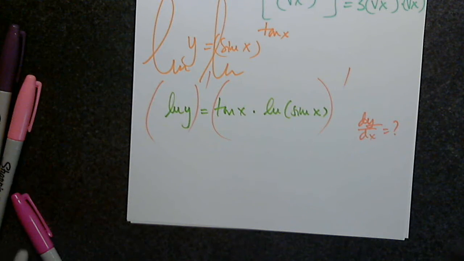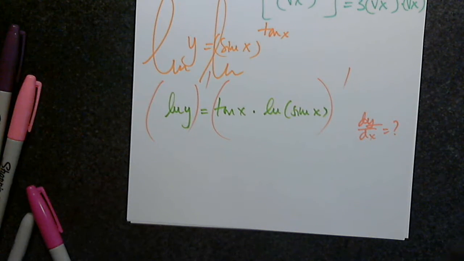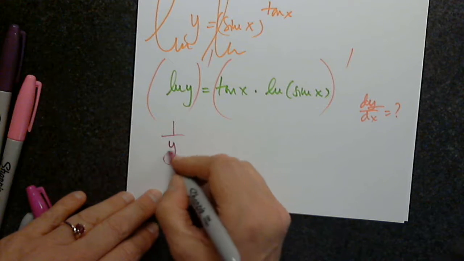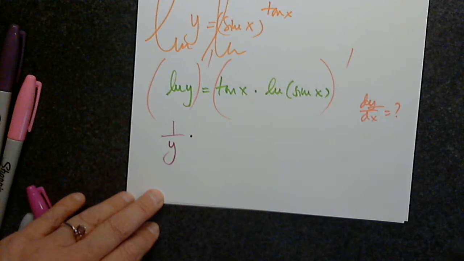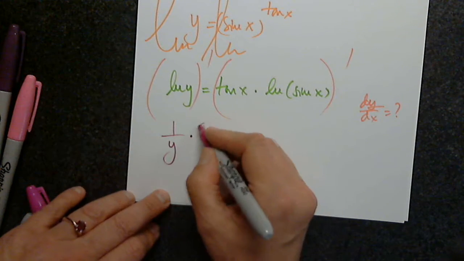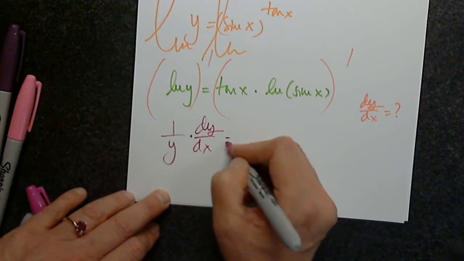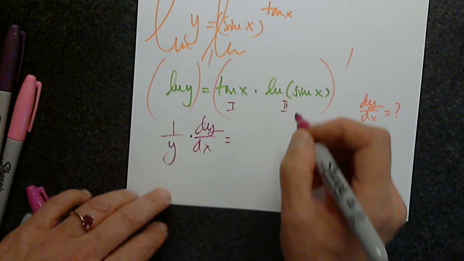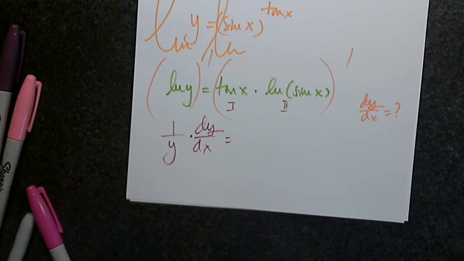So the left-hand side, please dictate. Yes, 1 over y, but times y prime, because y is a function. Excellent job. Thank you. But now I have to be very careful because this is the product rule. Here I have tangent x times natural log sine x. So please dictate the next step.